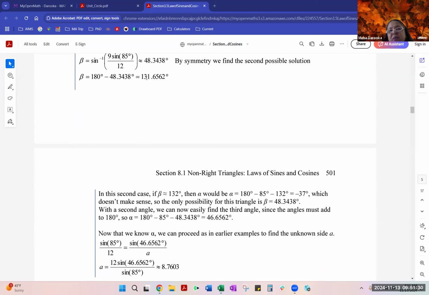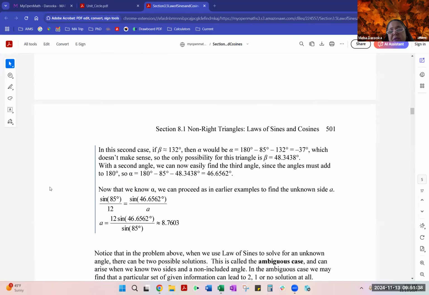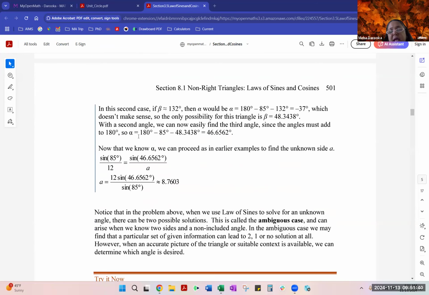So that told us, okay, we need to discard that 131.6562 measurement and only stay with the 48.3438. And then, of course, our following calculations were based off of that. So once we tried to find that third unknown angle, it came out to be a number which made more sense. It was a positive 46.6562. And then, of course, using the law of sines again, we were able to find that third missing side.